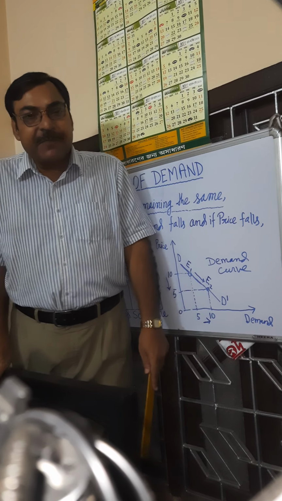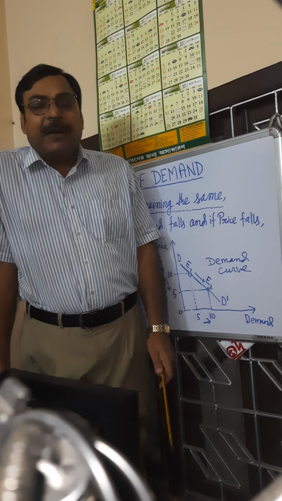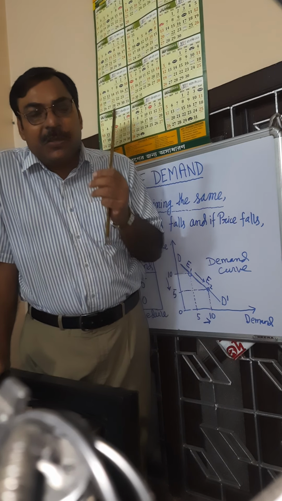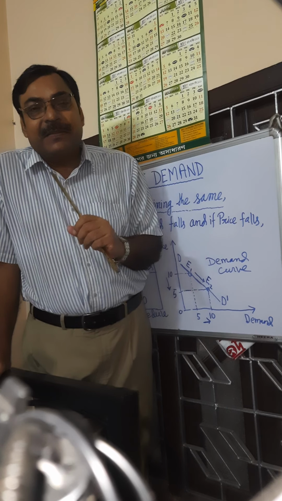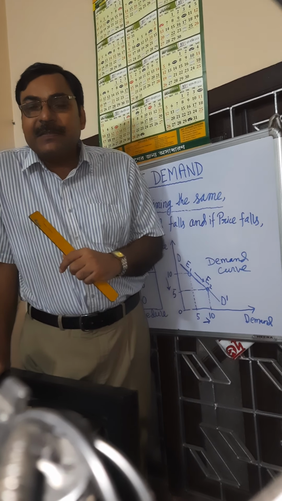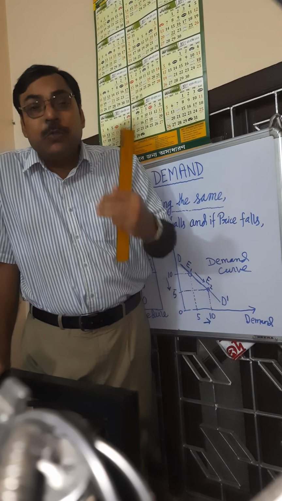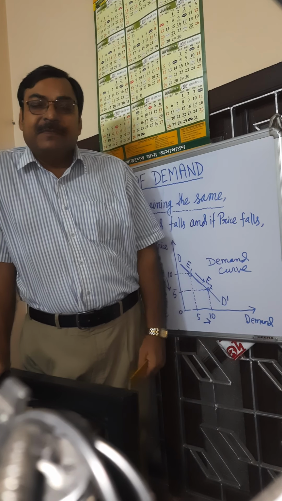What is the substitution effect? Whenever the price of a commodity falls, the commodity becomes relatively cheaper to the consumer in comparison to other commodities. And it is a natural tendency of the consumer to buy more of the relatively cheaper commodity.